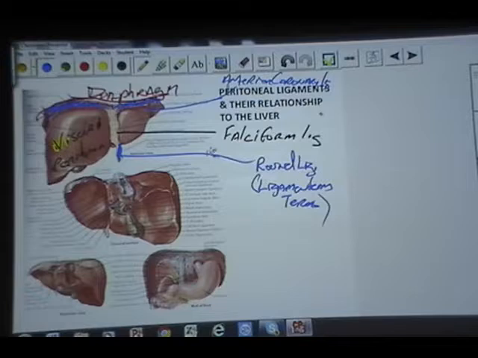Once again, a peritoneal ligament. And then at its lateral corner here, it is going to join, now this is the back of the liver, and here is the inferior vena cava.